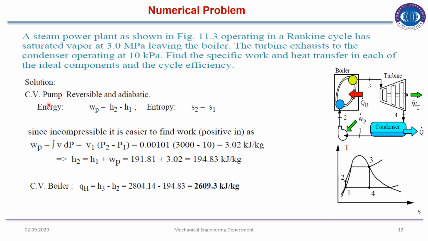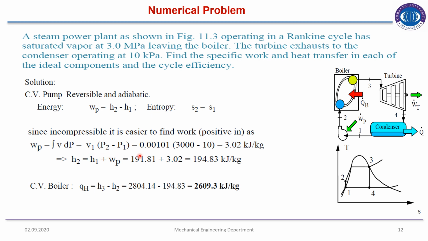First we will discuss the pump. W pump is H2 minus H1, and because it's an isentropic process, entropy will remain the same. We use the work done by the pump for an open system, because mass is entering and exiting the pump.